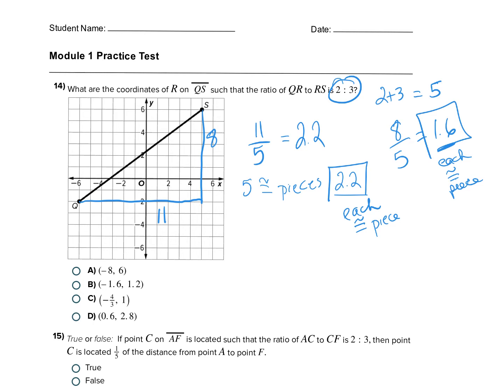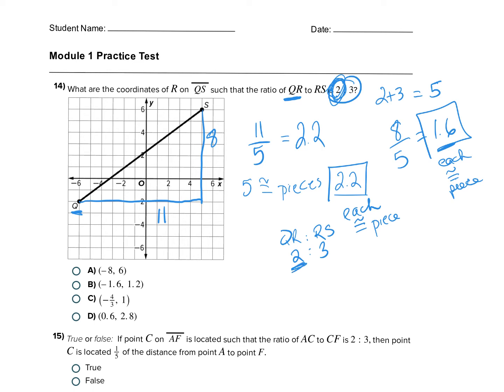Now, if you notice, from Q to R, QS is going to be broken up so it's 2 segments to 3 segments. So Q to R and R to S is 2 to 3.